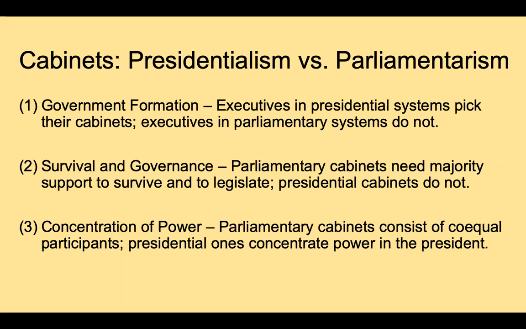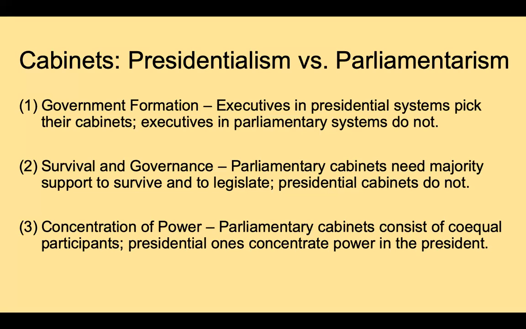And so in that sense they're kind of similar, but they're obviously very different from the perspective of who is selecting those cabinet ministers. In the parliamentary system, it's the legislative majority and the parties of that majority who select those cabinet ministers as well as the prime minister.